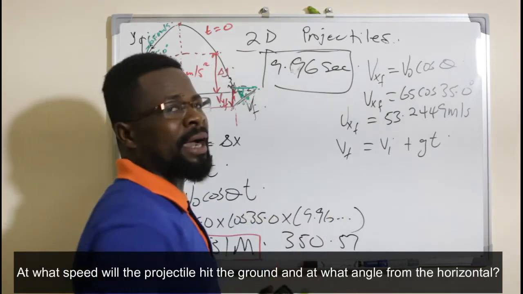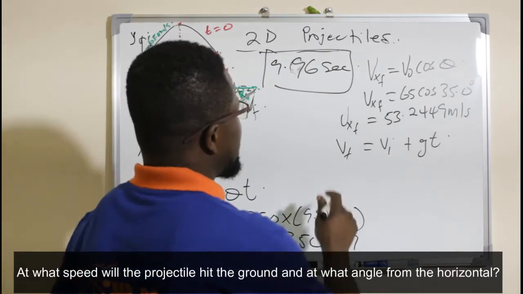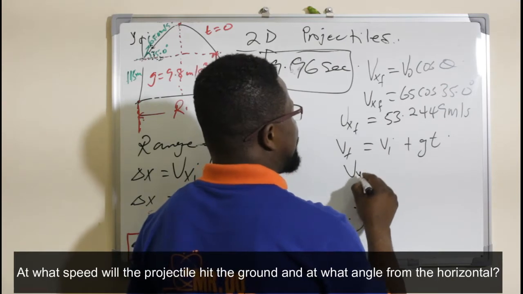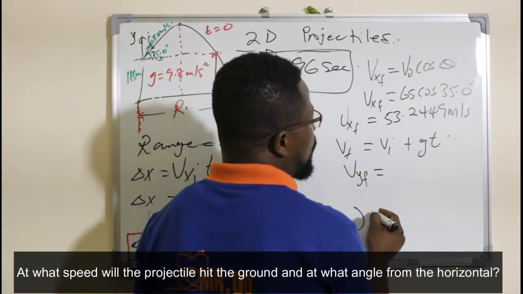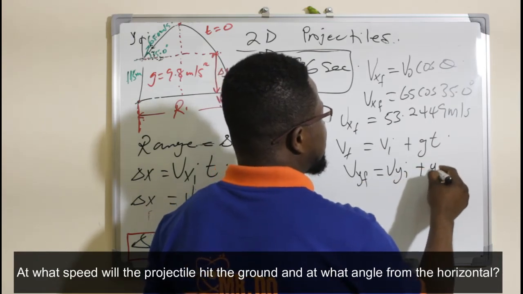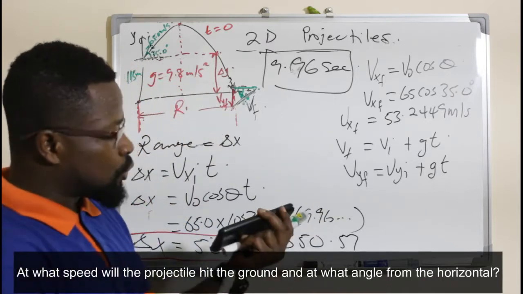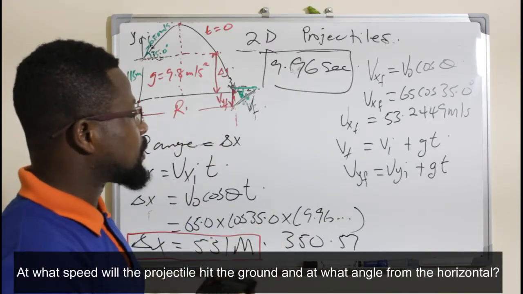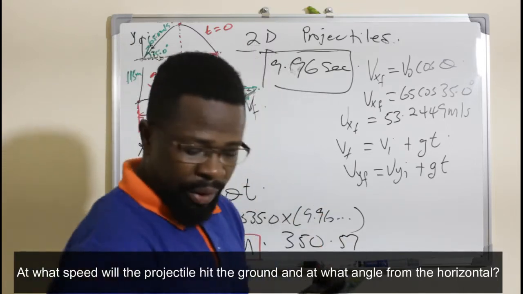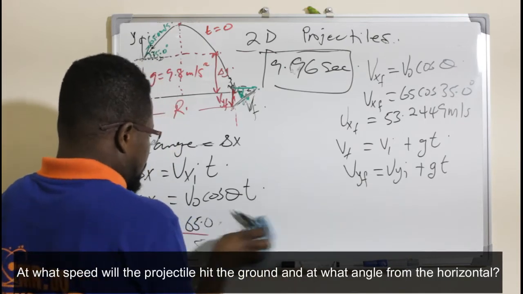So I can find the final for that. Alright, so I am going to do this. So I'll transform this and make it like it is V y final is equal to V y initial plus GT. And this is what I need to make use of the substitutions and solve for the problem. So now I am going to solve for that. Quickly, let me clean up and solve for that problem.